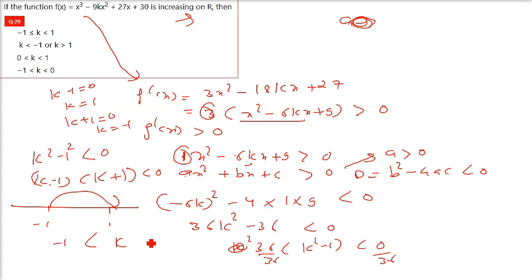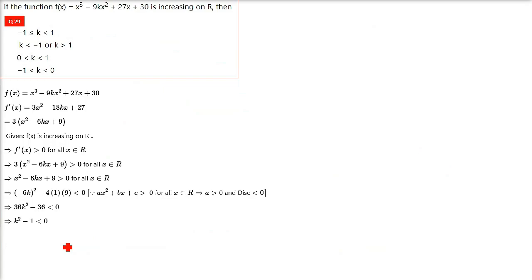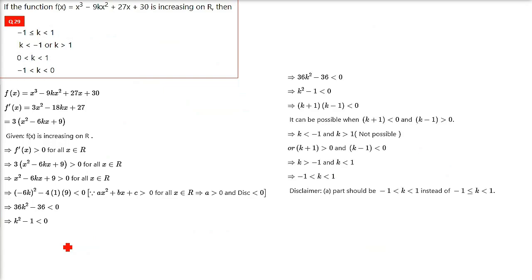You can write k between negative 1 and 1. See, the options are not there. The first option is the correct answer, but it should not be less than or equal to. That is, the correct option should be k between negative 1 and 1. That is going to be your answer. So there is some point here, and let me give you a disclaimer also, which you see on the right bottom. There is some catch here, but first is the option.